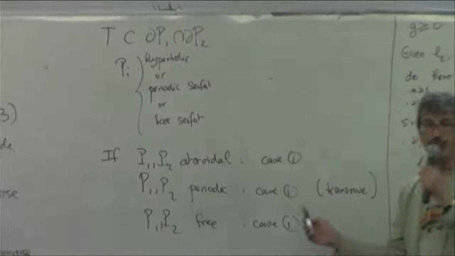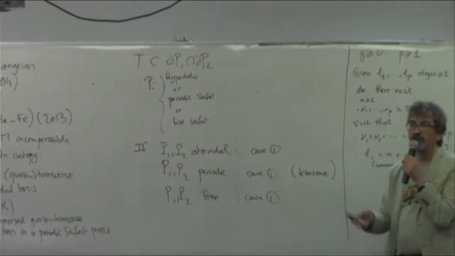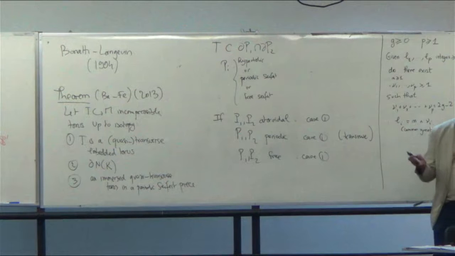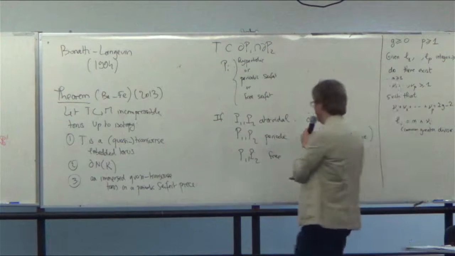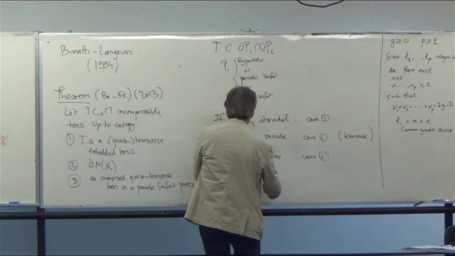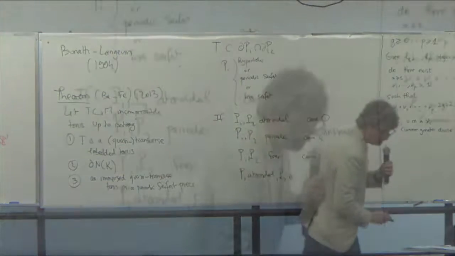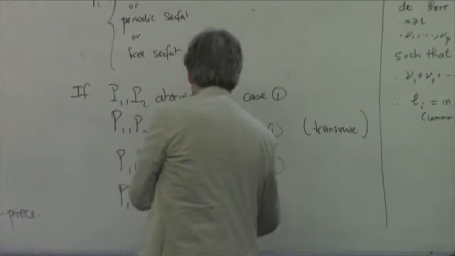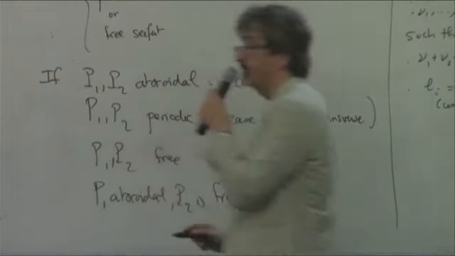If the two pieces are free Seifert pieces, then you are in case 1 or 2, and now we are quasi-transverse in a very special way that I won't define here. If one piece is toroidal and P2 is free, we still are in case 1.